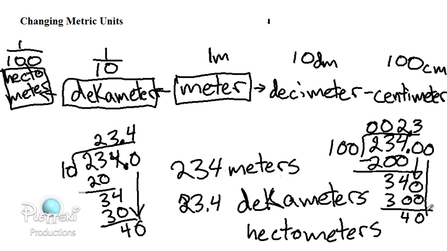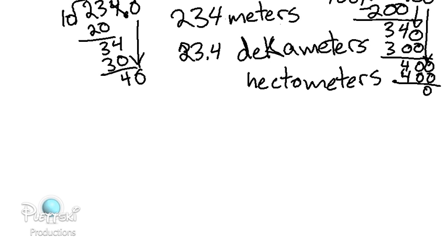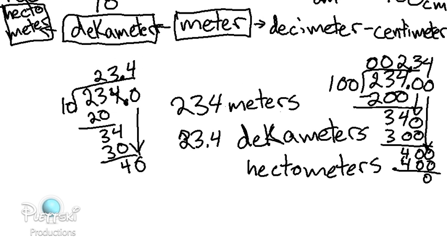Add another 0 and bring that down. And 100 goes into 400 4 times. Okay, so your answer now is this. We have 2.34 hectometers is the same thing as 234 meters, because a hectometer is 100 times longer than a meter.